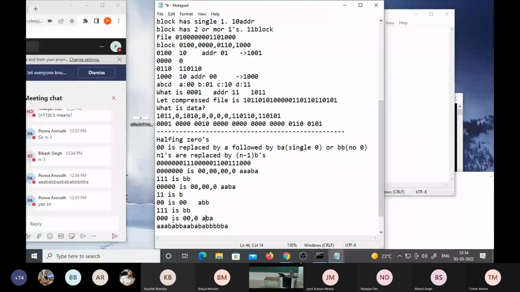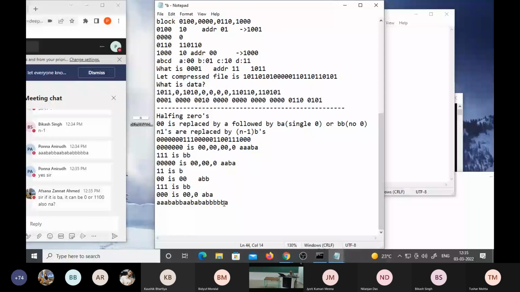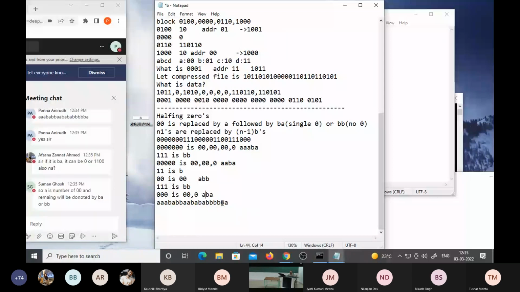Now, let us see. We have got this. So this will become BB, just A, 111, ABB followed by BB followed by AB.